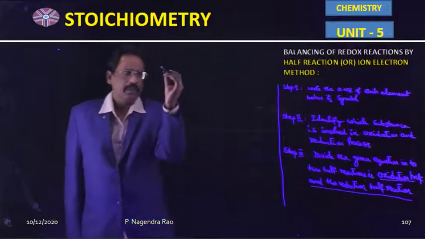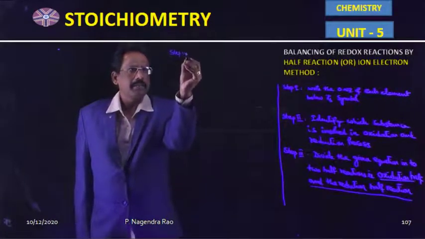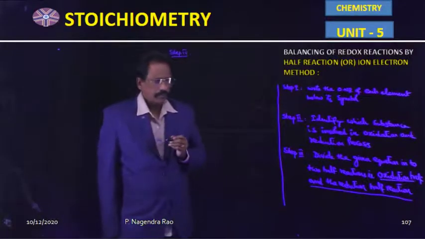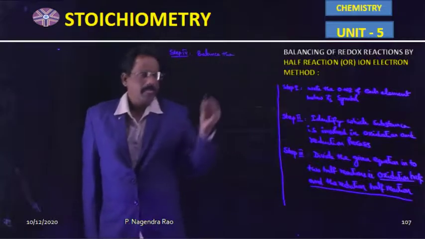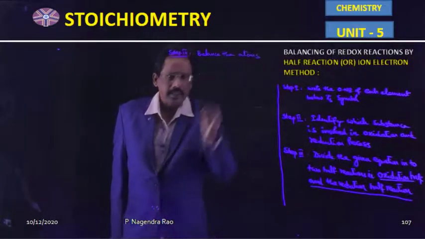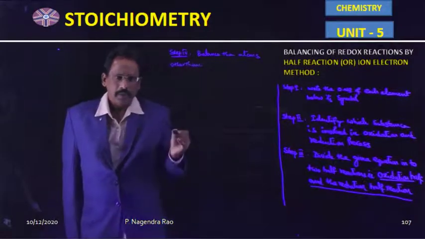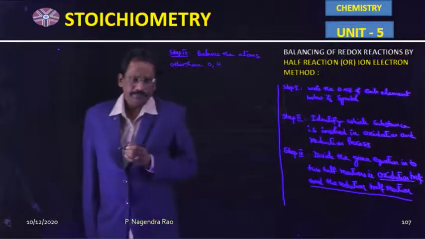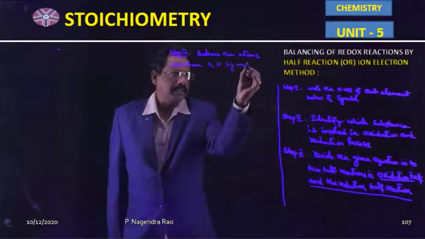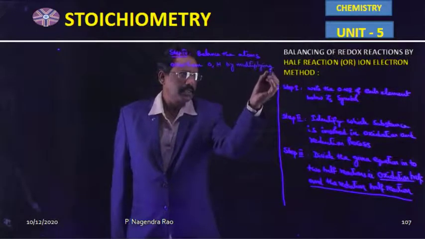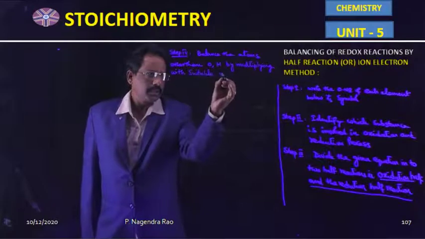And then the next step is to balance the atoms other than oxygen and hydrogen in each half reaction by multiplying with a suitable number.